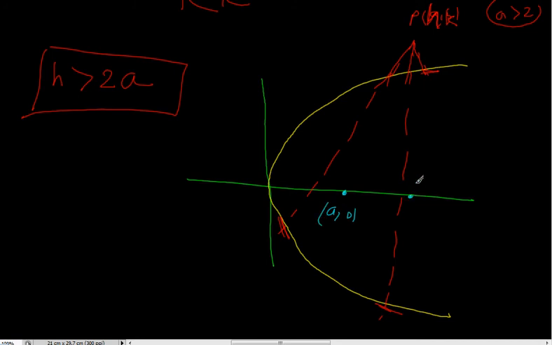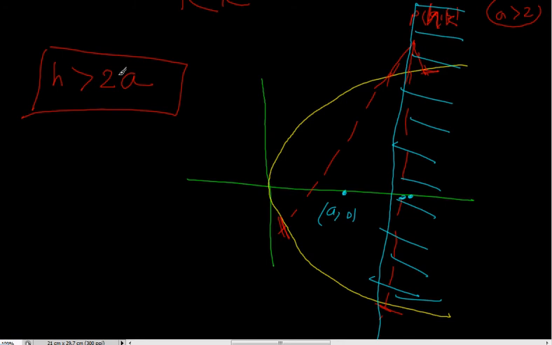Any point you take in this region, where H is greater than 2A, if you draw normals from it, you would be able to draw 3 normals. If you come back to this region, you won't be able to draw 3 normals. Only this region will support 3 real normals.